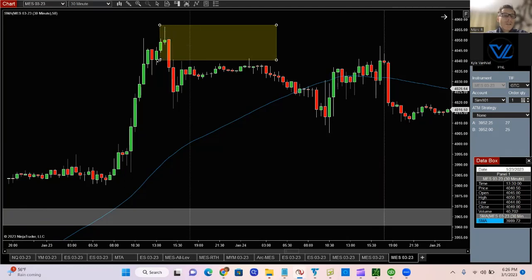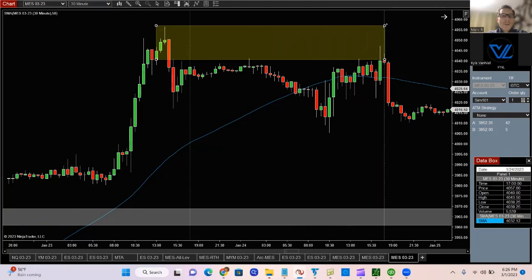So in theory, based on that concept, if these are all your basing candles, this is your highest wick, then this whole zone is leg in, base, base, base, base, leg out.